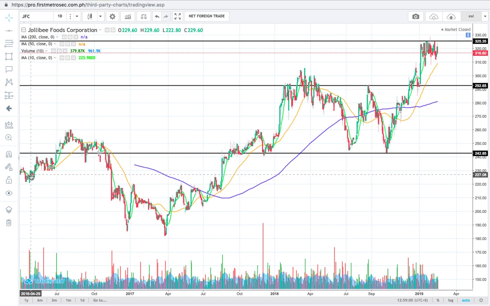Okay, so remember, a support is a price level whereby the downtrend may pause because traders think that the price is already too cheap not to be bought again. And a resistance level is a price point or a price zone whereby the scenario may invite selling because traders think that the price is already too high not to be sold.